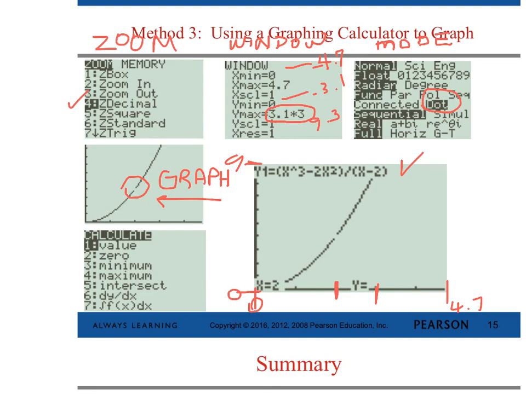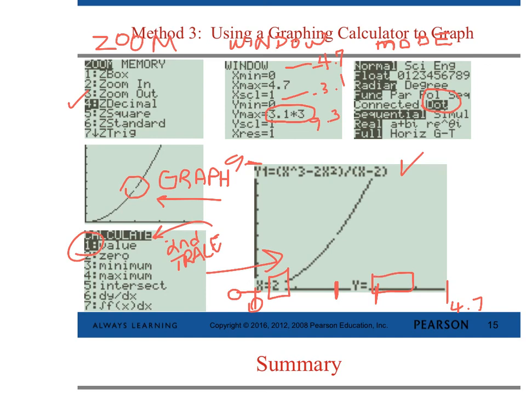And in fact, if you will hit your second and your trace button, that will take you to this menu, which is Calculate. And I want you to select Value, which will take you to this screen. And I want you to enter in x, where it says x equals, a 2 and press enter. And notice that it doesn't give you an answer for y.